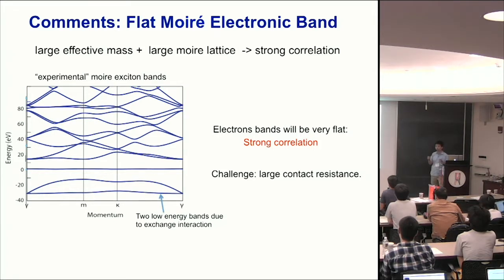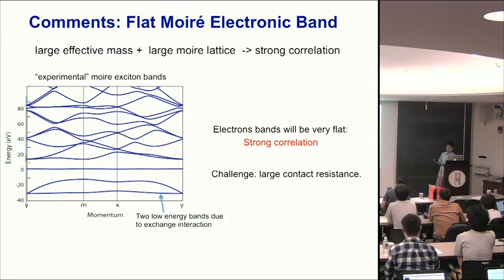It turns out, due to the exchange interaction, the K-valley exciton and K-prime valley exciton are not completely decoupled. They can mix, so that's why you have a split of the band. If you don't have that exchange interaction, as with a single electron and single hole, that effect will be missing. Then the band will be really flat. So I think the bandwidth will likely be less than 10 meV.